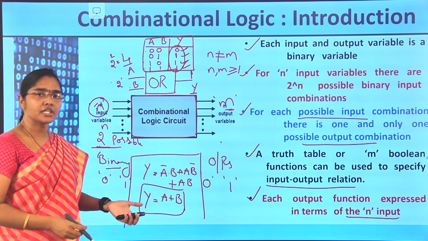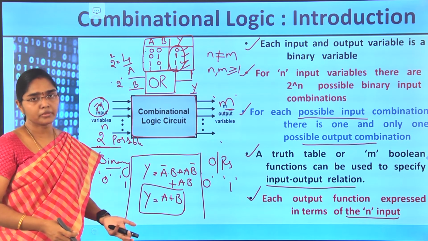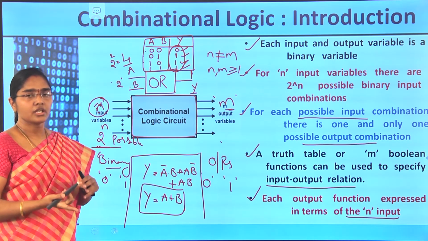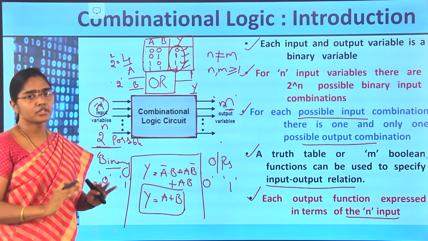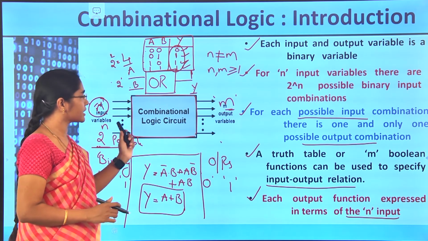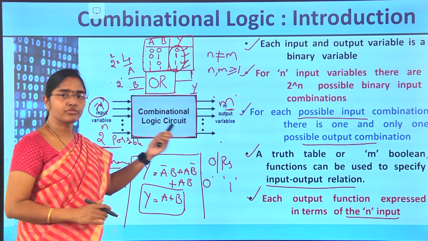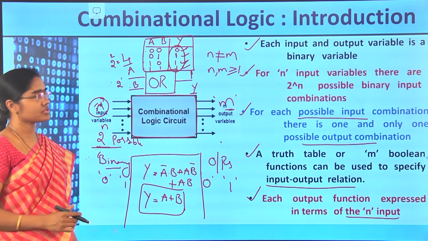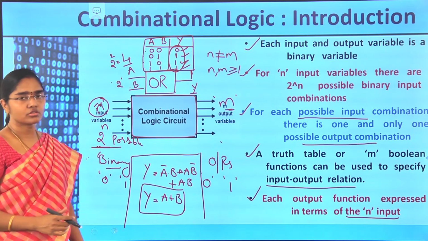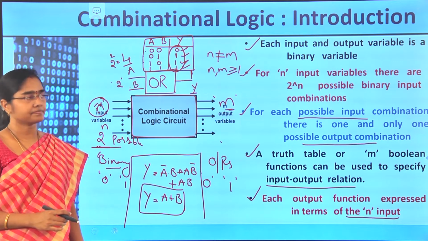One input may be there with many outputs, or many inputs with one output, and they may be different values. This is related to the inputs and outputs of combinational logic circuits. Like this, a combinational logic circuit can be described.